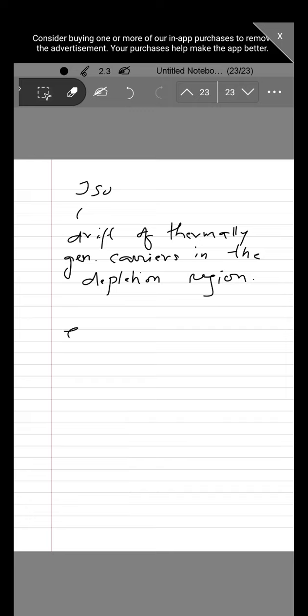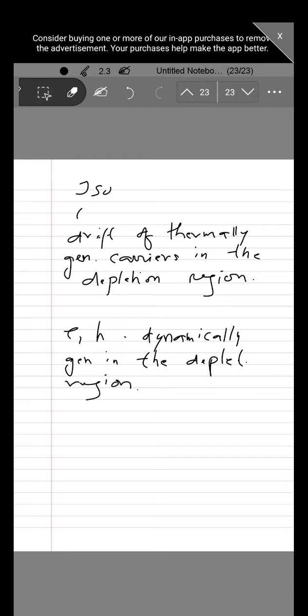The electrons and holes are thermally generated in the depletion region, and they get accelerated towards the N and the P side due to the applied voltage.